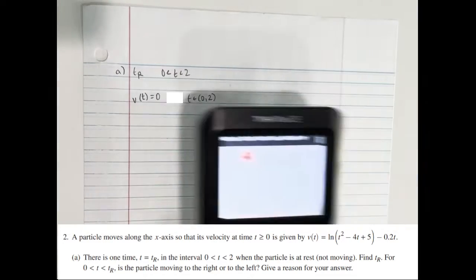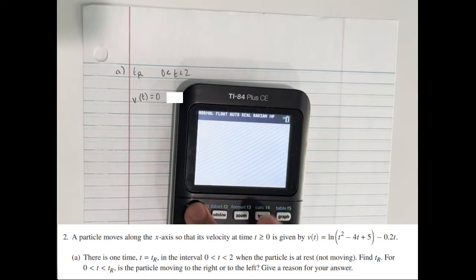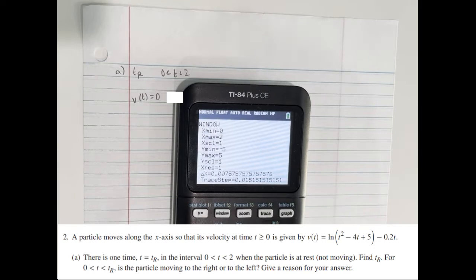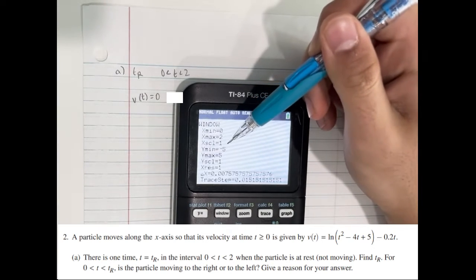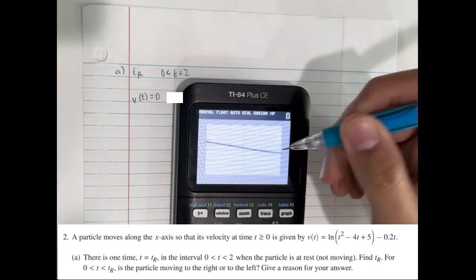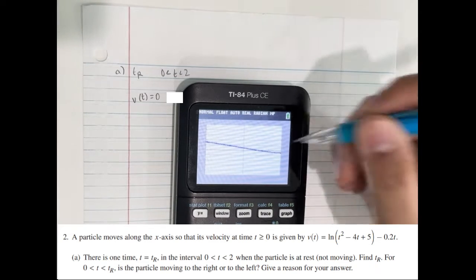All right, so I have v of t stored in the y1 function, and I've set the window to be between 0 and 2, since this is the range of time that we're examining. And when I graph v of t, I can see that it hits the x-axis at this point, meaning that it's 0.